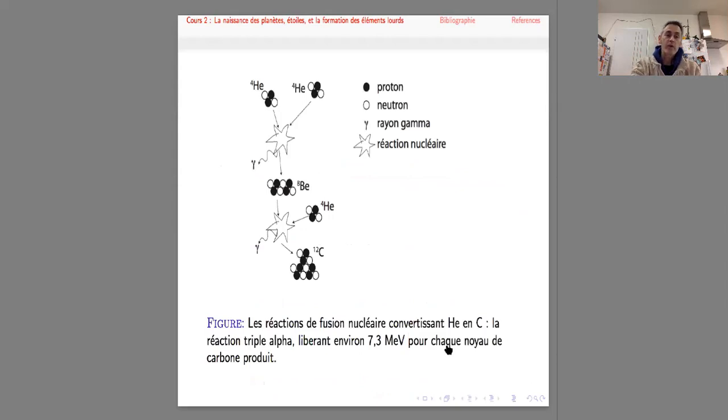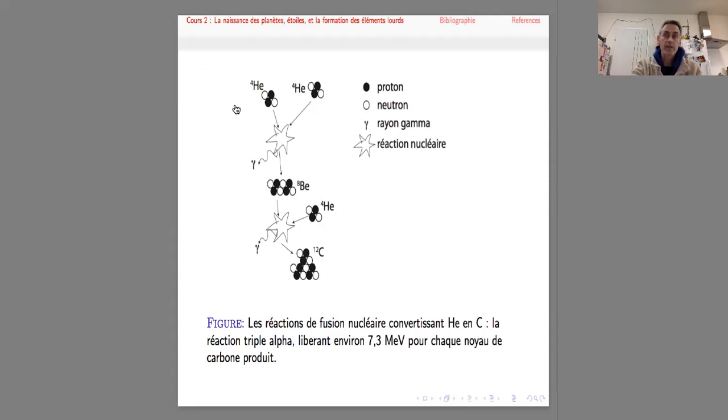This is really just for the people who are interested in the details of this nuclear fusion of helium-4 to give carbon-12. It happens in a two-step process. You bring together two helium-4 nuclei.